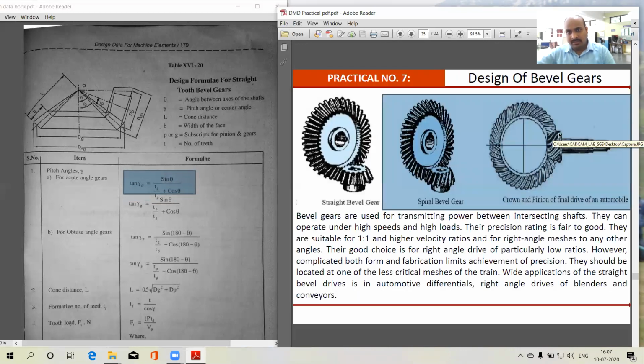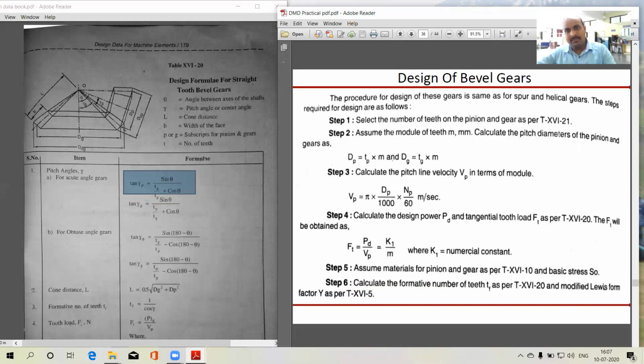Now, looking towards the designing steps, the very first step for designing the bevel gear is to select the number of teeth on pinion and gear. There are some limitations to assume the minimum number of teeth on pinion or gear, which is given in table XVI 21.